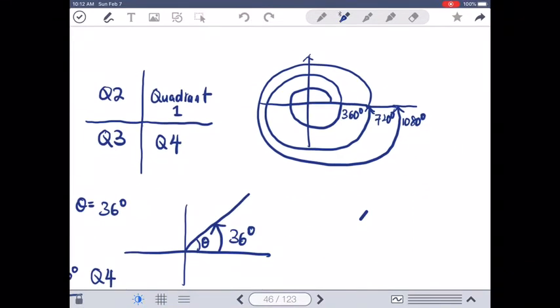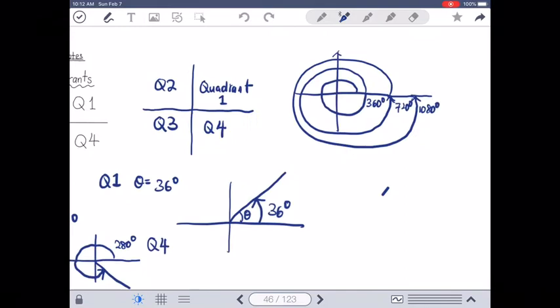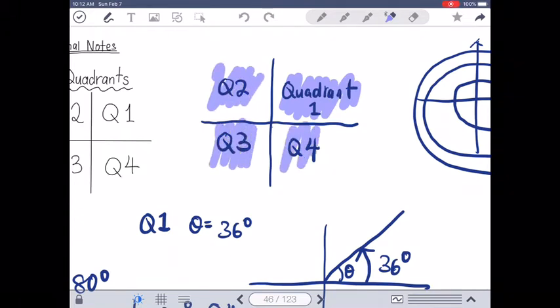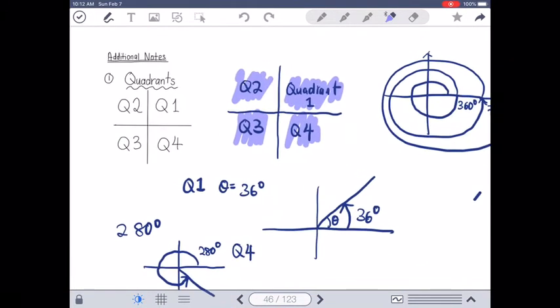So each round equals 360 degrees. The main point here is the first quadrant, second quadrant, third quadrant, and fourth quadrant, and it goes anti-clockwise in that direction.